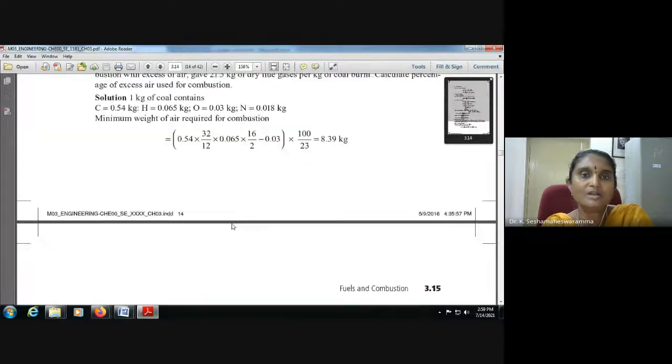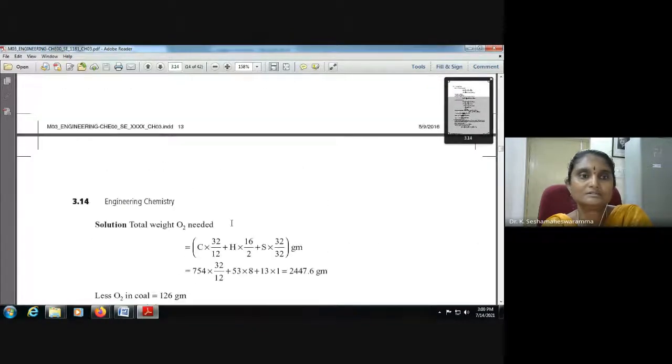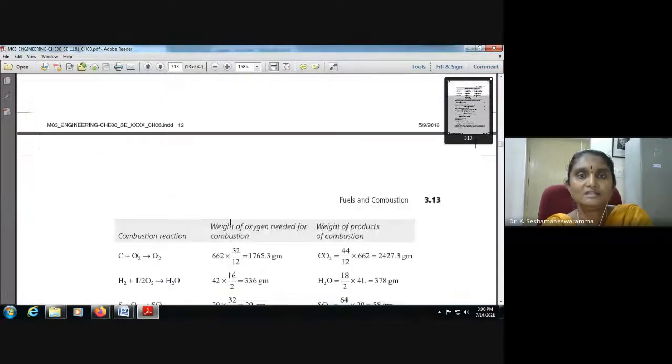So this is the formula you have to use to measure.